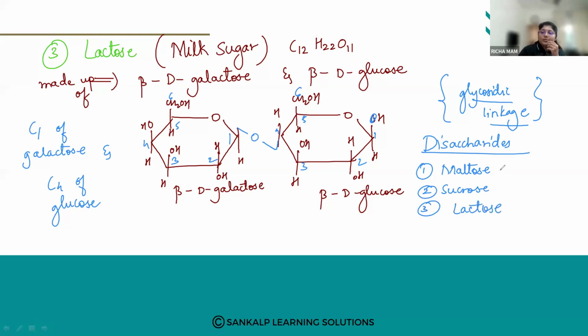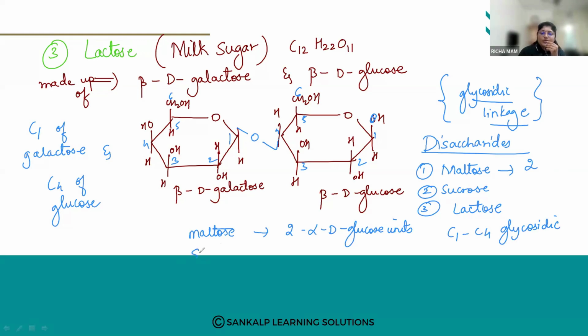Maltose is made up of two alpha D glucose units. The linkage is present between C1 and C4, which is a glycosidic linkage.